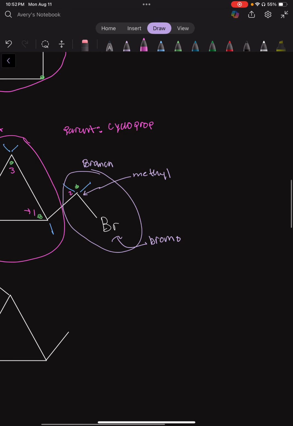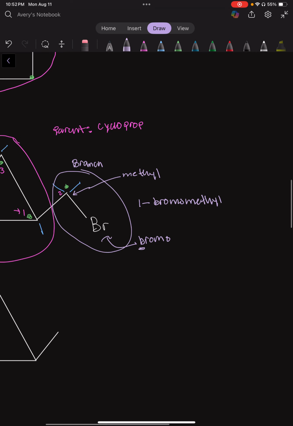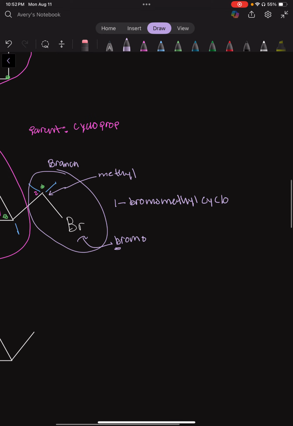It's going to be one dash bromo, because it comes first in the alphabet, methyl. So now we put it all together, we get one dash bromomethylcyclopropane, because we have no functional groups attached to this.